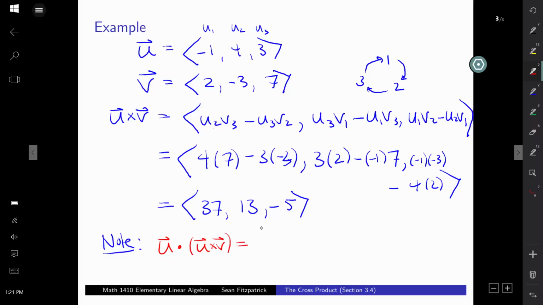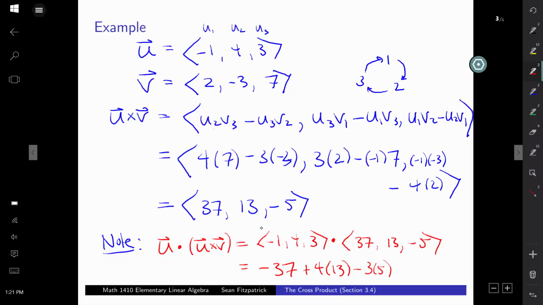Here's one way we can check to see if we did things correctly. If I do (-1, 4, 3) dot product with (37, 13, -5), the previous slide said this should come out to be 0. Let's see. Minus 1 times 37 gives me minus 37, plus 4 times 13, minus 3 times 5.